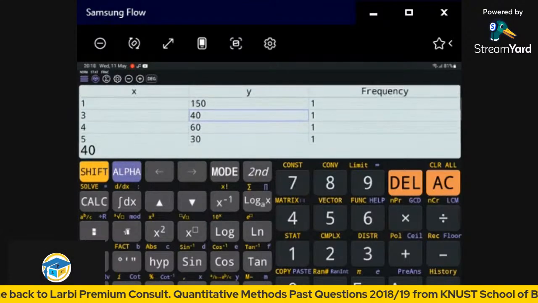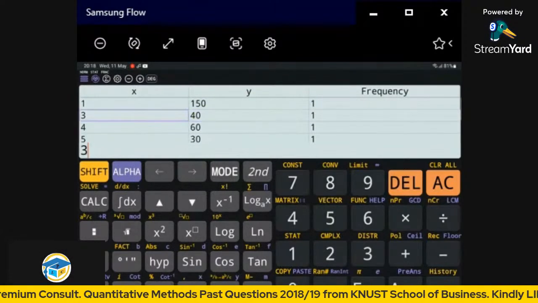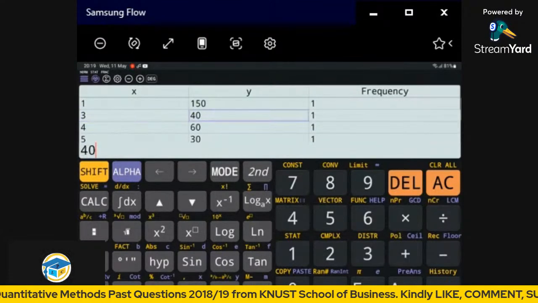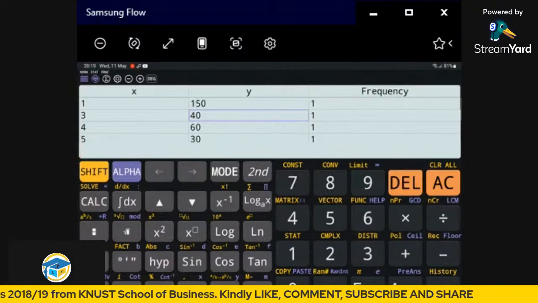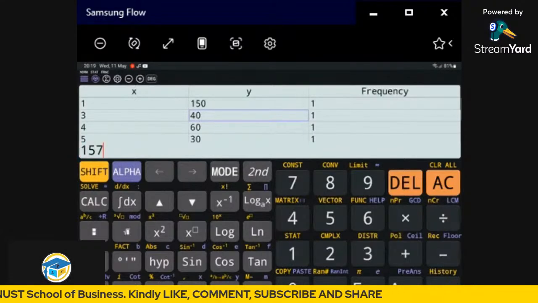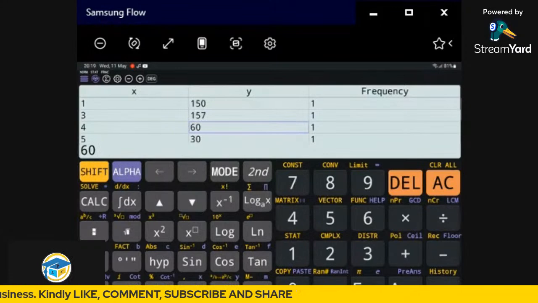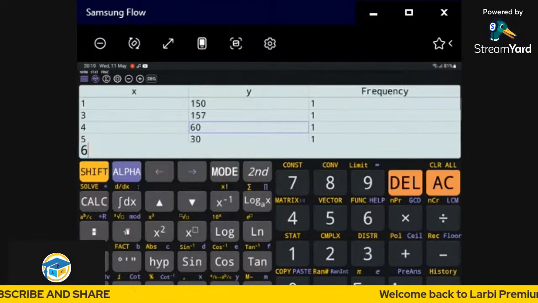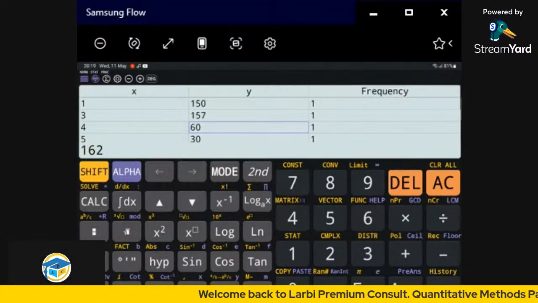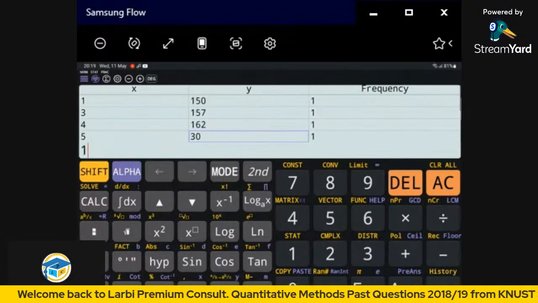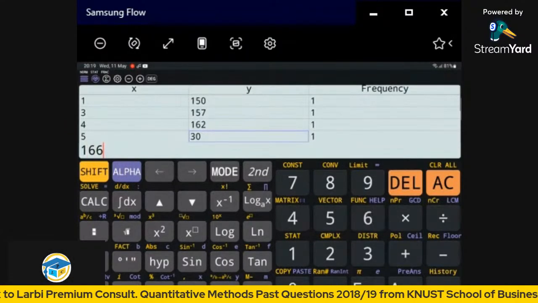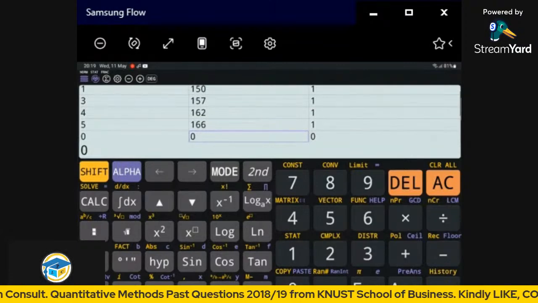Okay, let me fill this one. So you have 150 and we have 157, 162, and then 166, and then 177.